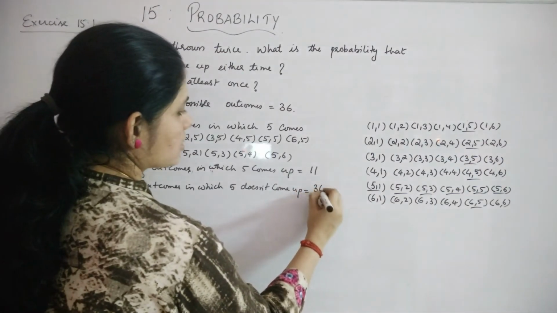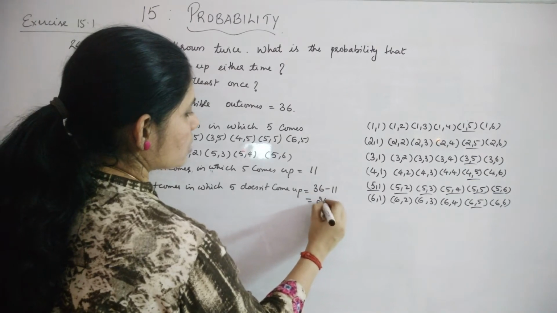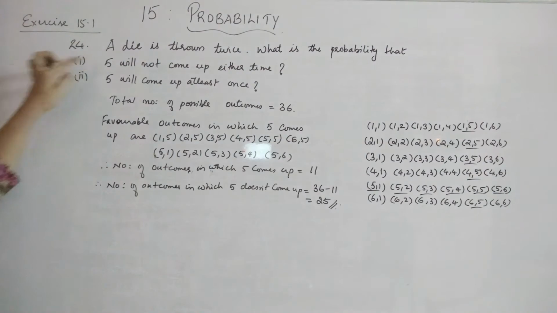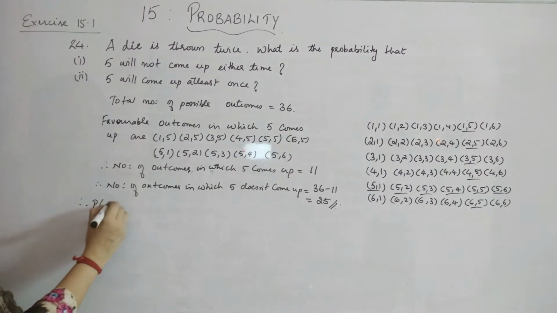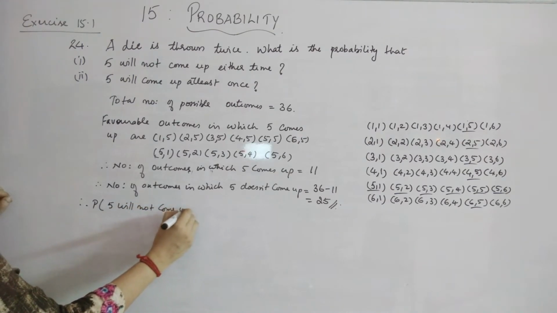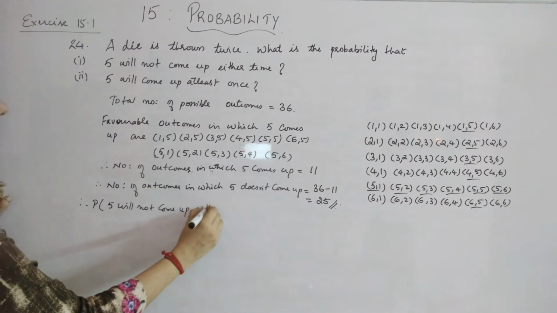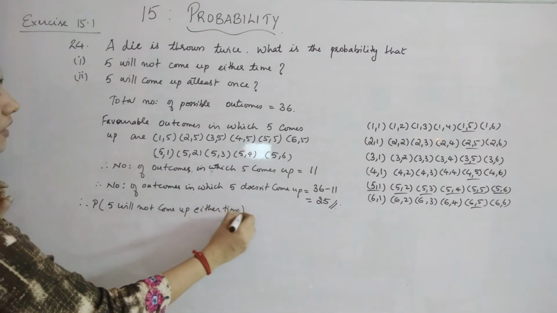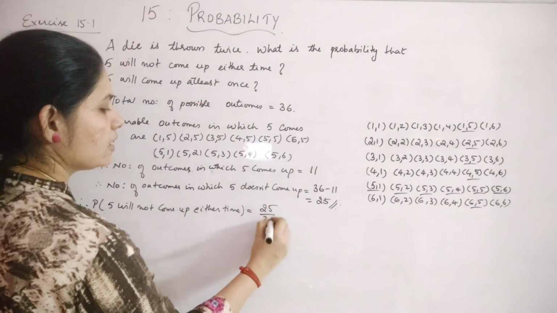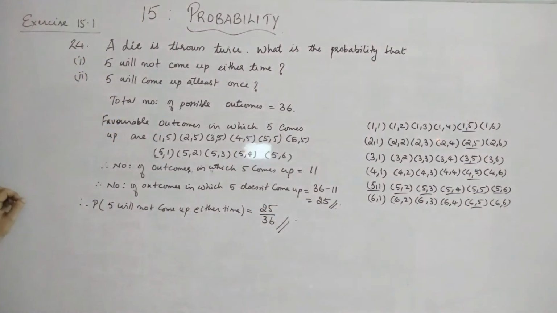So it is 36 minus 11, which will give you 25. And you have to find the probability. Therefore, the probability that 5 will not come up either time will be equal to 25 divided by 36.